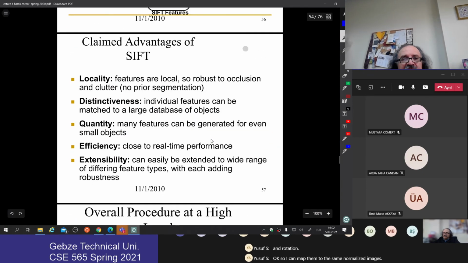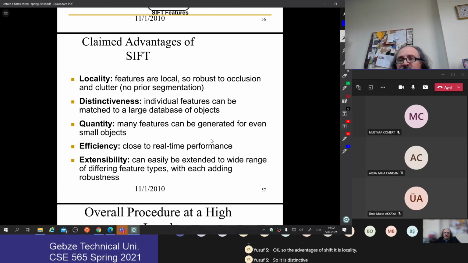Okay, so the advantages of SIFT: it is local, so it is distinctive. All the features are local. If the features are local, that means that I don't need to see the whole object. It's like the Harris corner detector. Of course, it has to be distinctive.